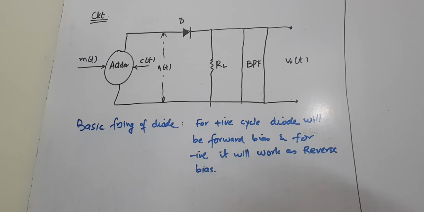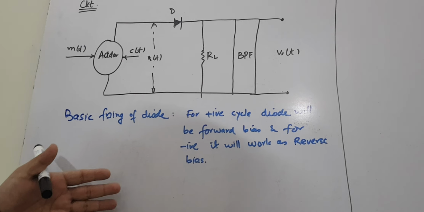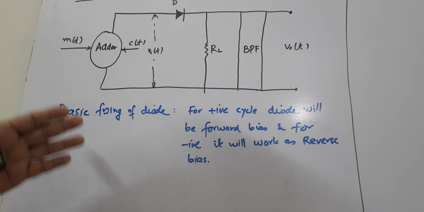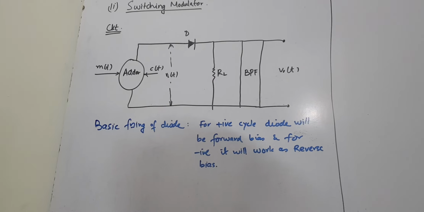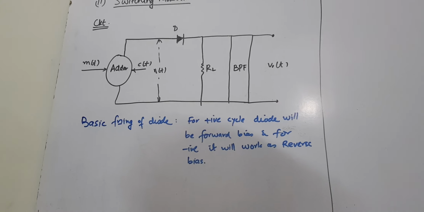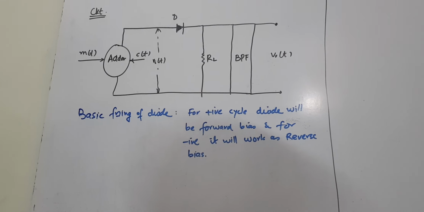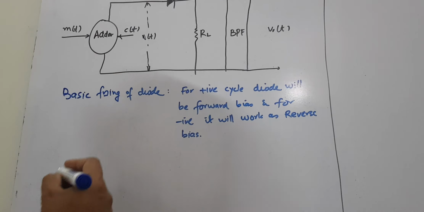The basic functioning of the diode is that if you have a positive voltage, the diode will look like a closed switch, and if you have a negative voltage, then the diode will work as an open switch.